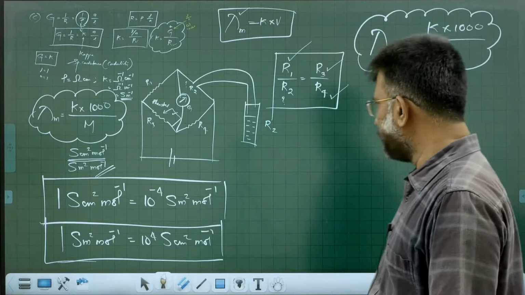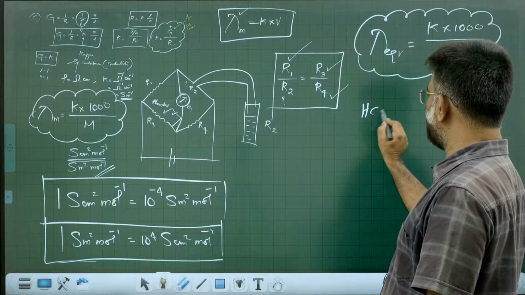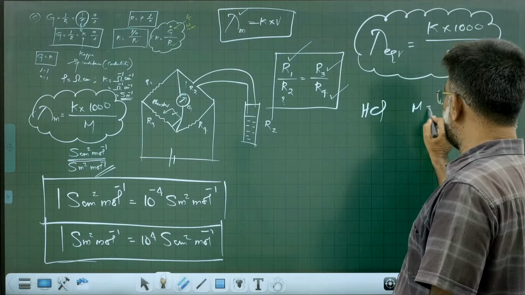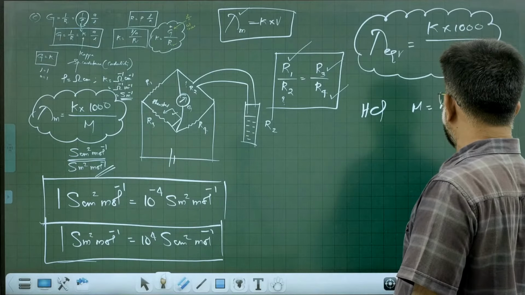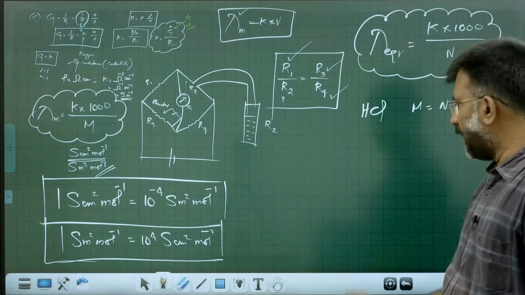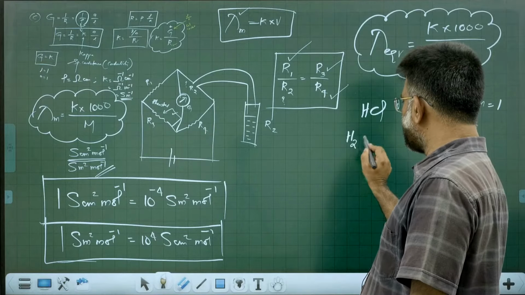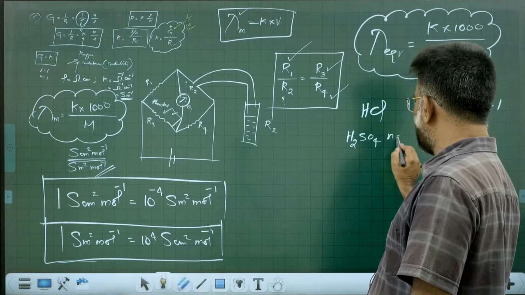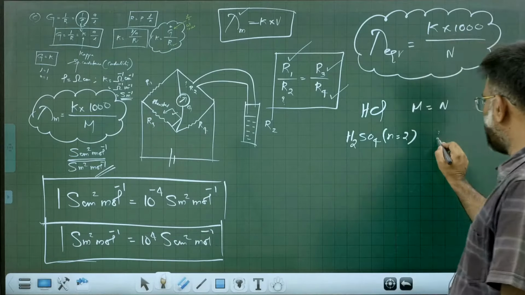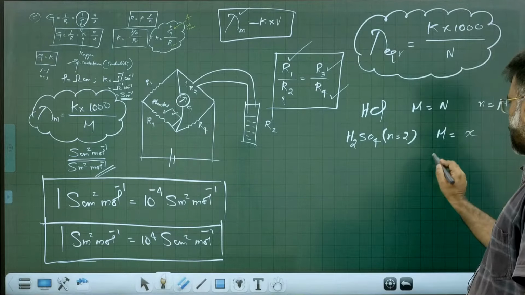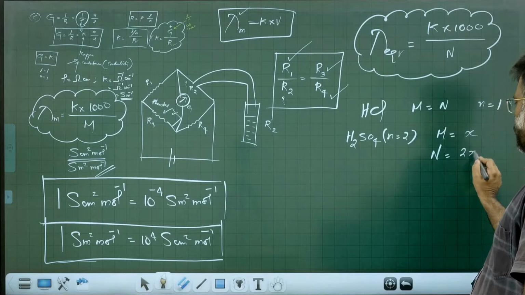Slightly different. If we are dealing with the HCl solution, we know molarity is equal to normality as n factor is 1. At the same time, if you are taking sulfuric acid where n factor is 2, I am sure you know if molarity is x, normality will be 2x.